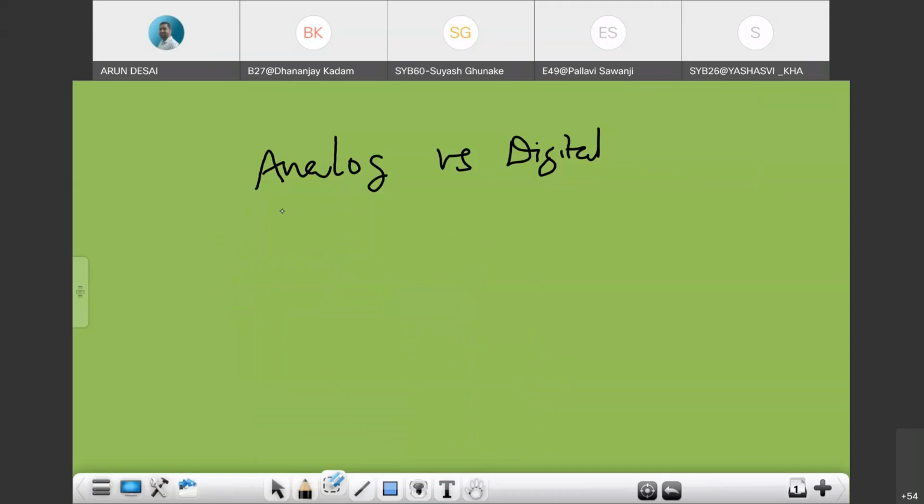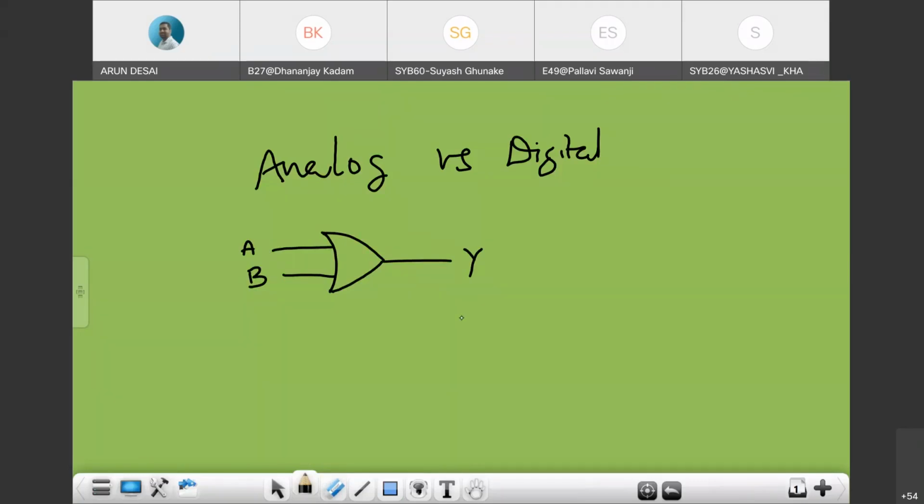Now, tell me about the OR gate. Okay, Y equals A plus B. So the syntax is: those are inputs and this is the output.